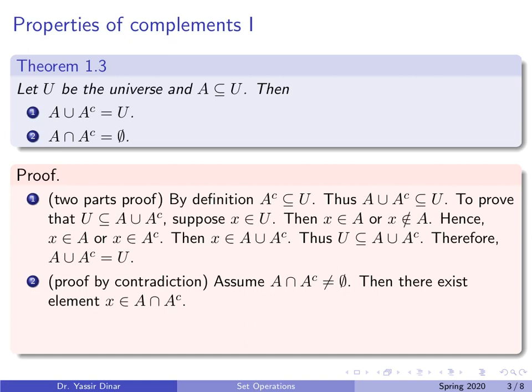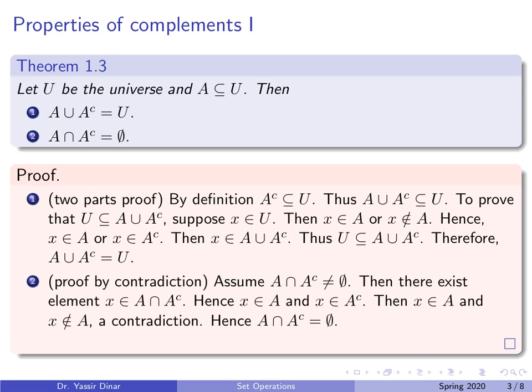But what does that mean? It means that we can find an element X that belongs to A intersection A complement. Now I use the definition of the intersection. So X is an element in A and X is an element in A complement.